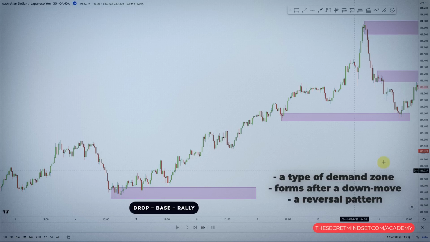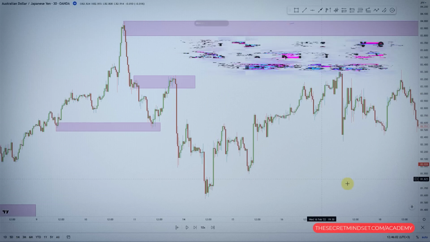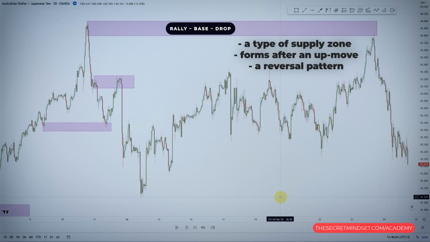It's a reversal pattern. The rally-based drop zones form when the market reverses from moving higher to moving lower. When they are completed, a supply zone will have formed in the market, which should cause the market to fall. Again, a reversal structure.